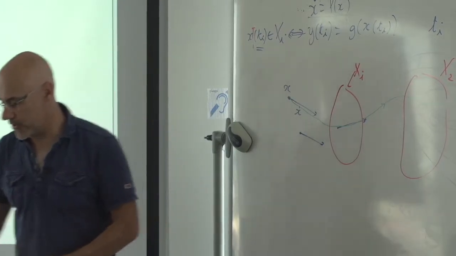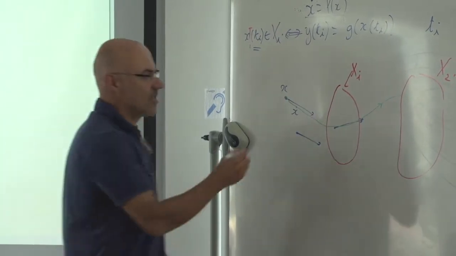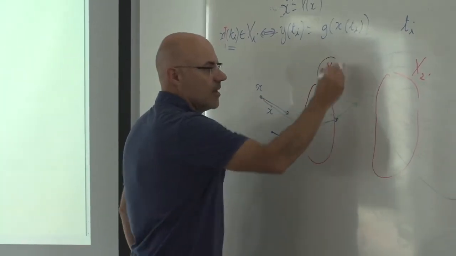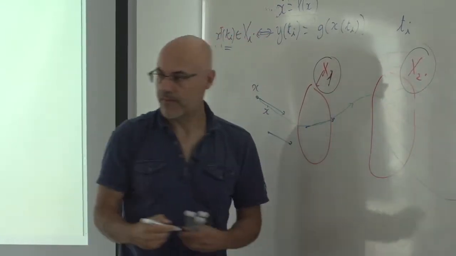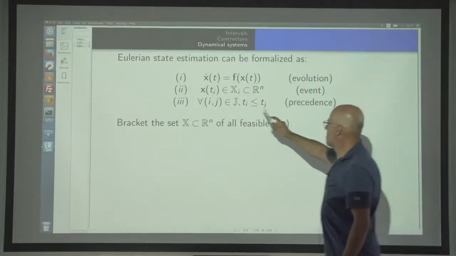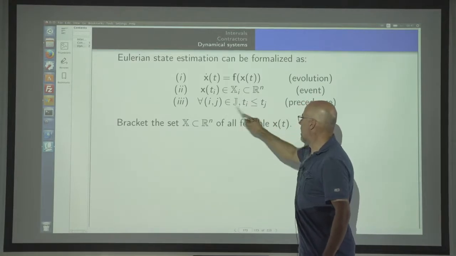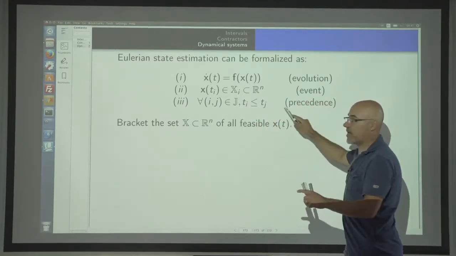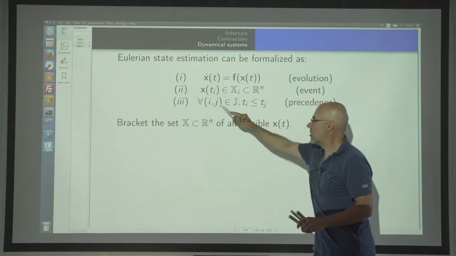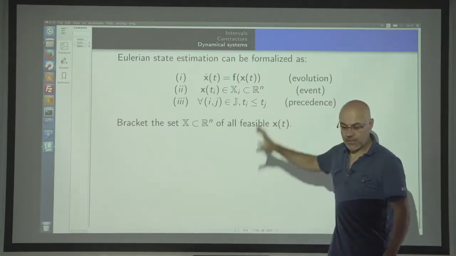So there is an order. I know that I have visited x1 before x2. So I have visited some sets, and there is an order. Sometimes there is an order, sometimes there is not. You understand?